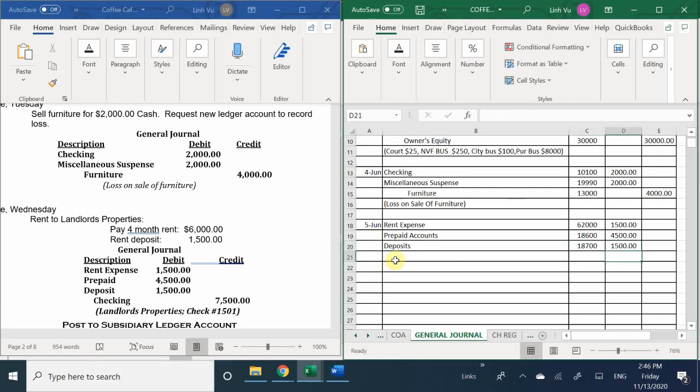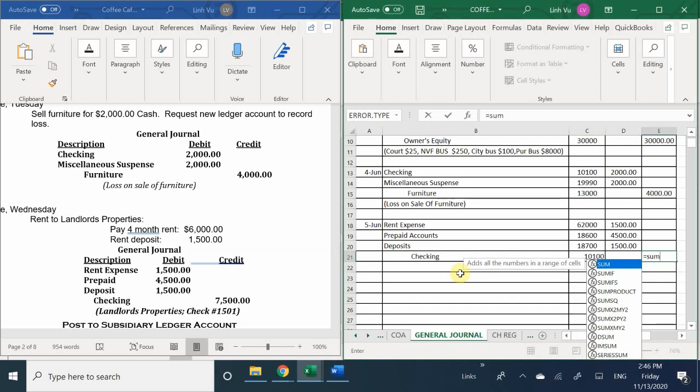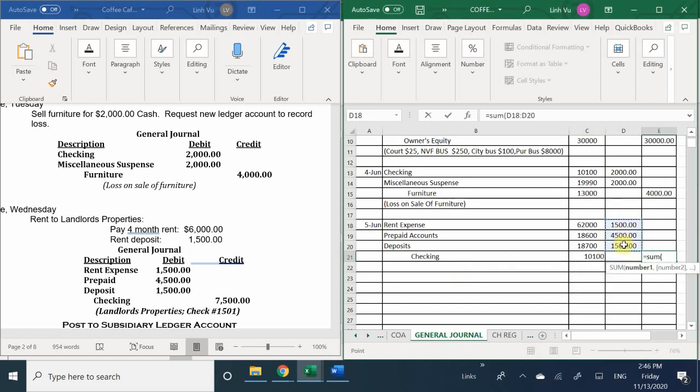And then lastly, it's coming out of my bank account, right? Because I wrote a check. As all checks are, they come directly out of your checking account. 10,100, right? You can take that from the top or the bottom. And now you want to write a check for the total of $7,500. Right? Okay.